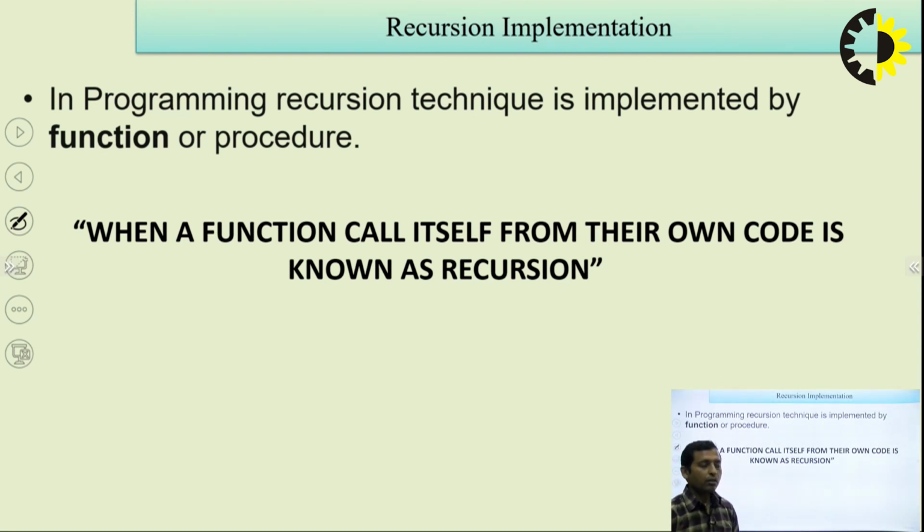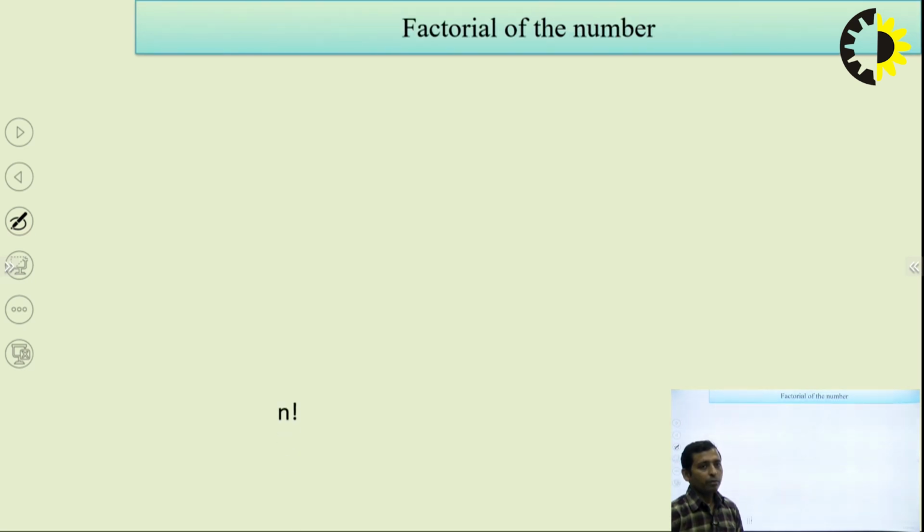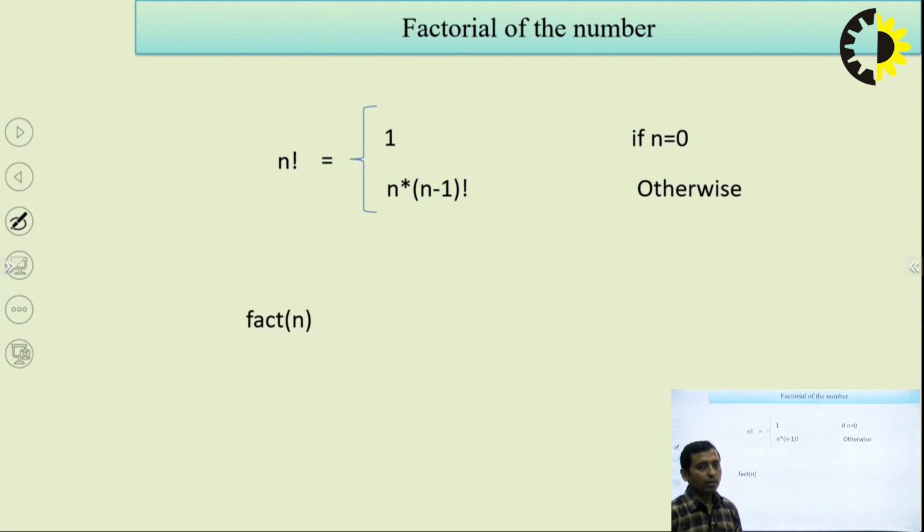Function calls itself means, here factorial n, as we already seen, this is in mathematics factorial n, and in programming, just like we write a name factorial and we pass the argument n.